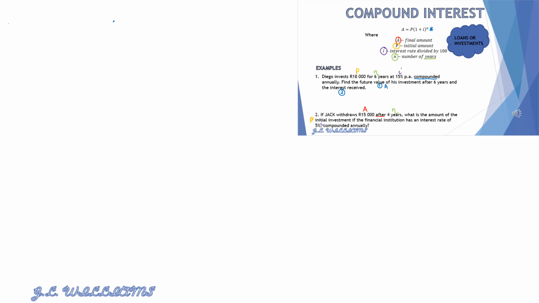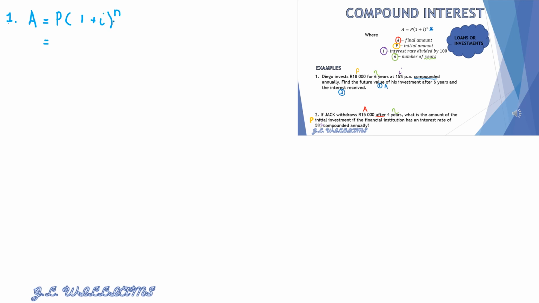Okay, so we need to answer 2 questions for this one. We have to find the future value of the investment, and we also need to find how much interest was received. Alright, so we have the P value, the n value, and the interest rate, and we know that it's compound interest, and so we say that A is equal to P times 1 plus i to the exponent n, right?